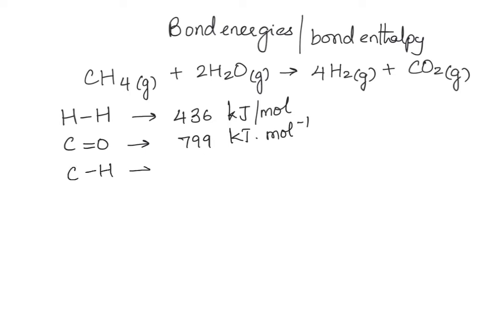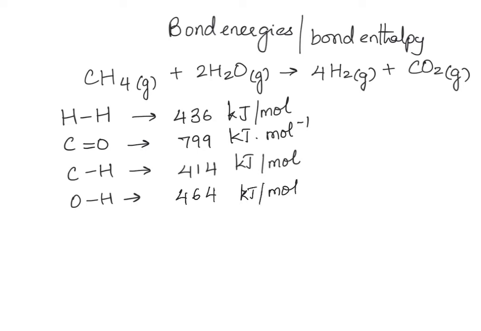C-H single bond energy is 414 kilojoules per mole. And O-H bond energy is 464 kilojoules per mole. Remember, per mole can be written either way, but this is the more recent way of writing it. So these bond energies are given to us in this table.